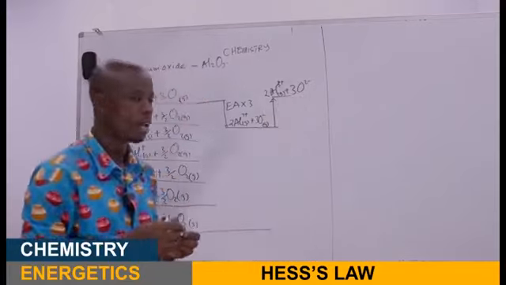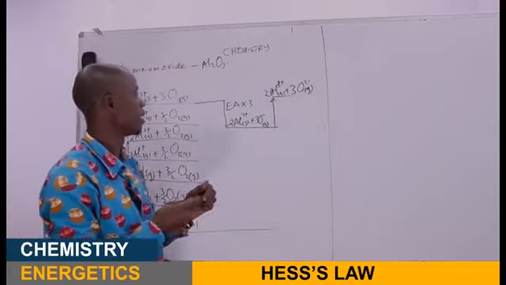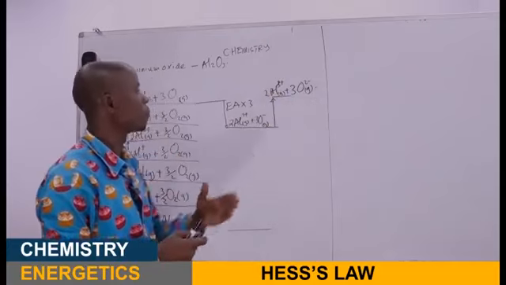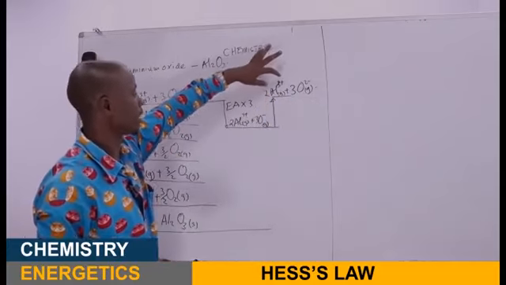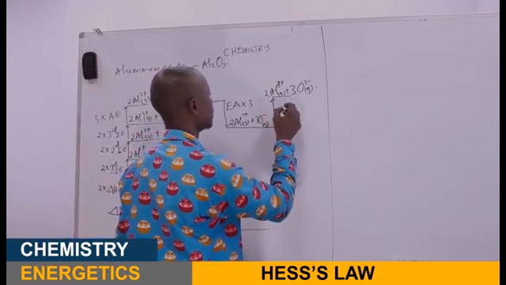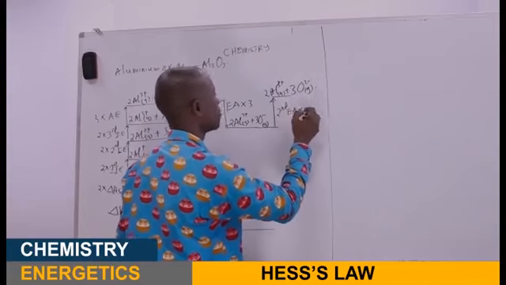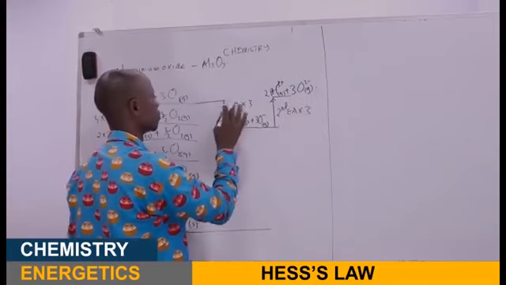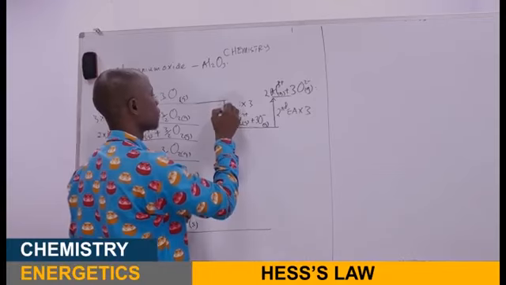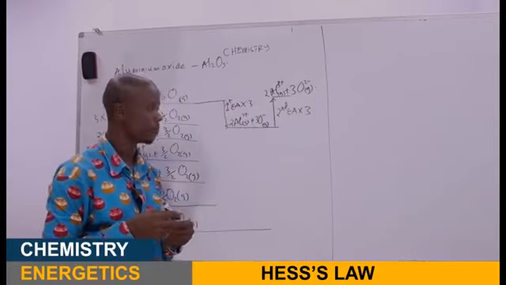Sorry. So this is an anion. Now we have the cation and the anion. And this is the second electron affinity. You multiply by 3 because there are 3.